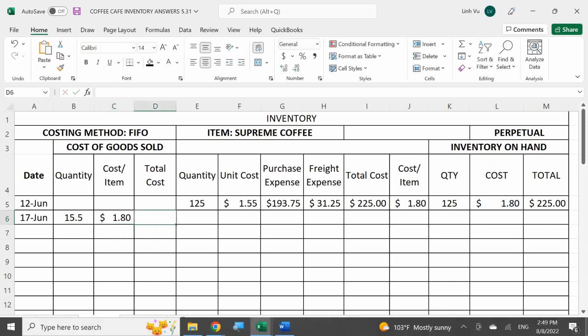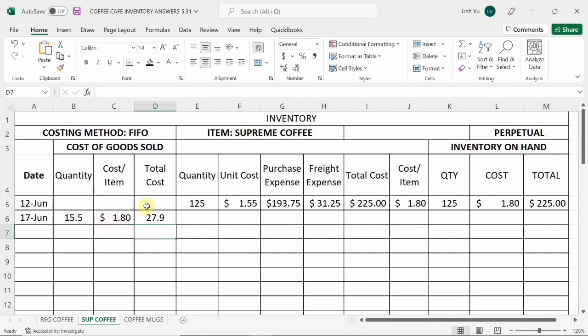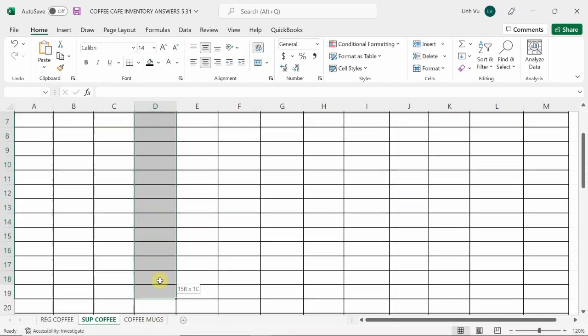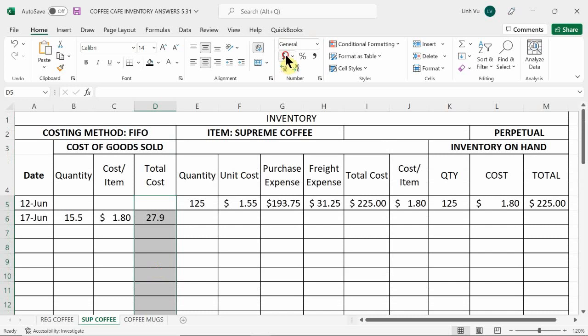Okay? So once again, I need to figure out what this total cost is. $27.90. Okay? So now, in this case, I can go ahead and directly take it off. So here shows that I have 125 pounds, right?